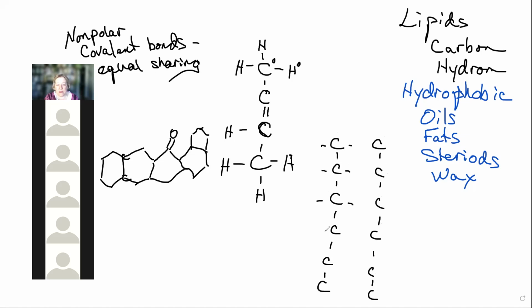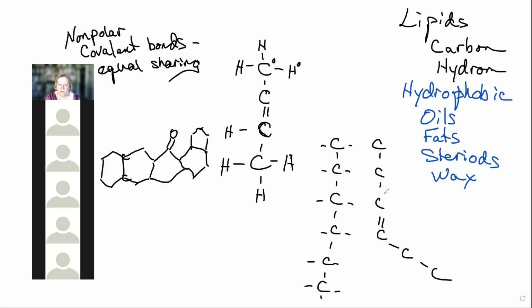I'm not going to draw the hydrogens for the sake of time, but do realize there's a bunch of hydrogens here. And on this leg, we've got a double bond, and that makes kind of a kink. So it's kind of like I've got my leg kicking out here. Okay, so it looks like that.